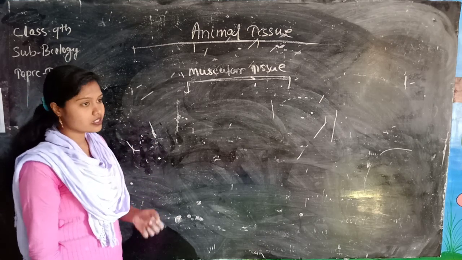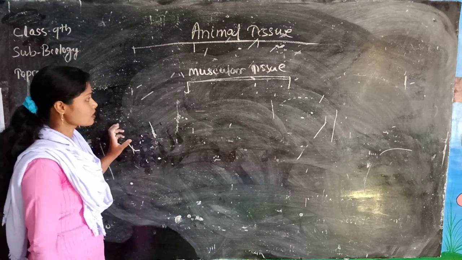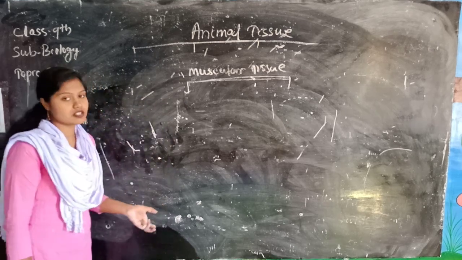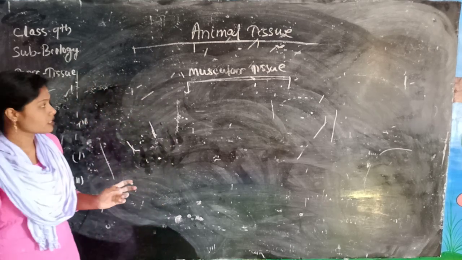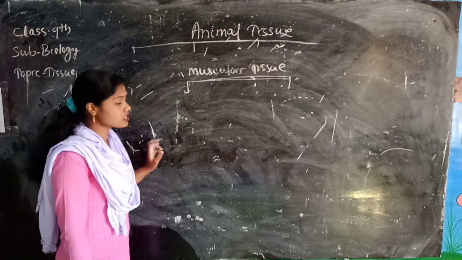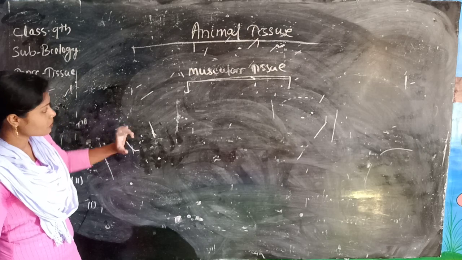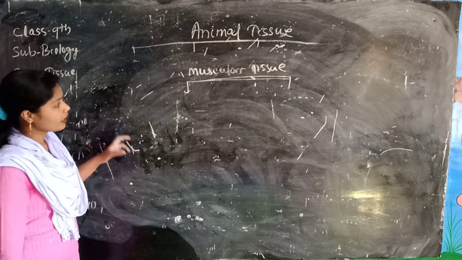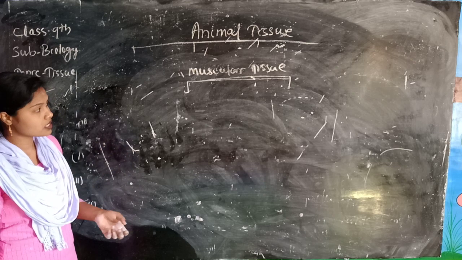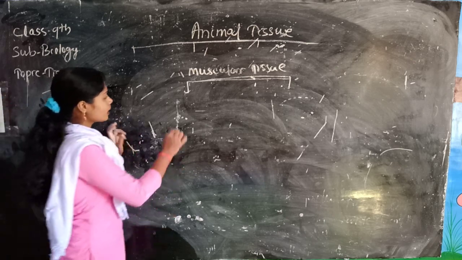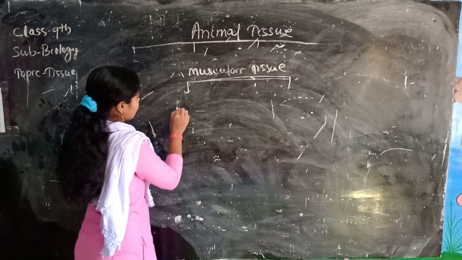We move through the contraction and relaxation of our muscles. It is of two types, that is voluntary muscles and involuntary muscles. The muscles which are controlled by our will are called voluntary muscles. Like our hand is moved according to our wish.